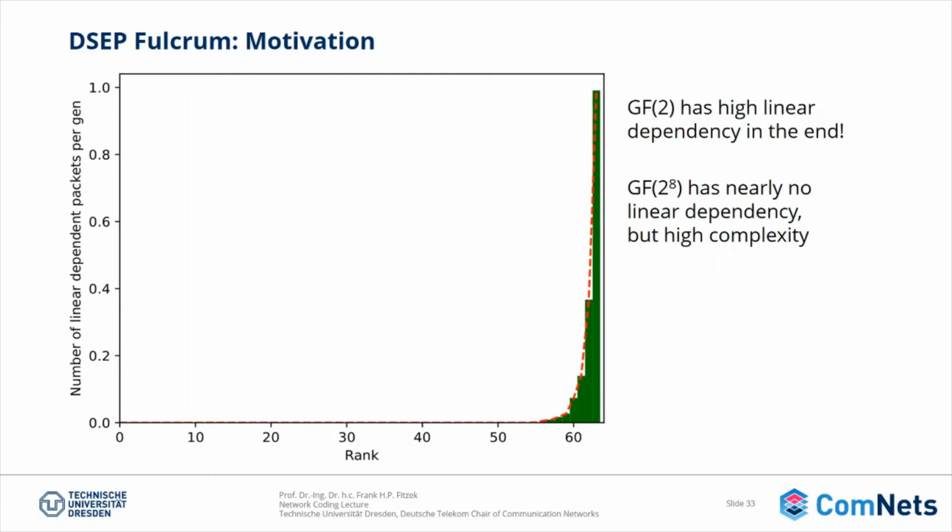However, a higher field size, such as GF256, has nearly no linear dependency, but high complexity. The question is how to reduce the number of linearly dependent packets at the end of the generation in the lower field size, and also reduce the complexity in the higher field size.